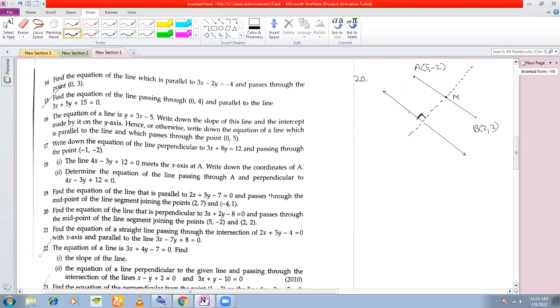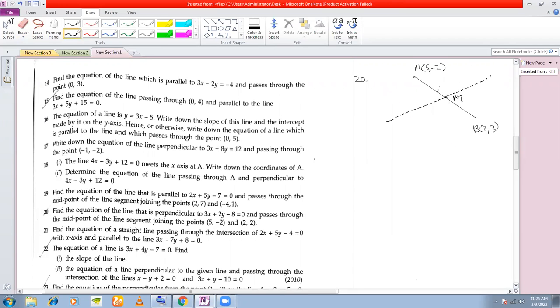This angle must be 90 degrees. This angle is not necessarily 90 degrees, although it looks like it. Let me draw it properly for you. Passes through the midpoint, it can pass in this way also.